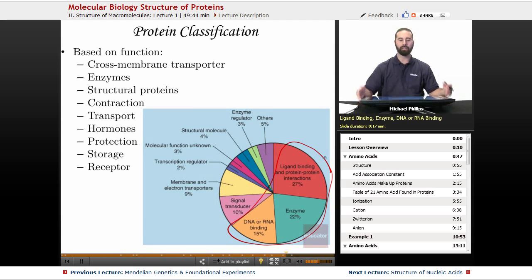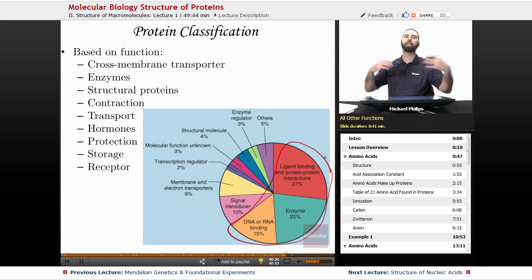All right, and then the rest of them can be broken down into many, many other things. All right, so an enzyme is going to catalyze a reaction. DNA or RNA binding, self-explanatory, it's going to bind to our nucleic acids. Ligand binding and protein-protein interactions, it's going to bind to either another protein or maybe a compound in a cell.